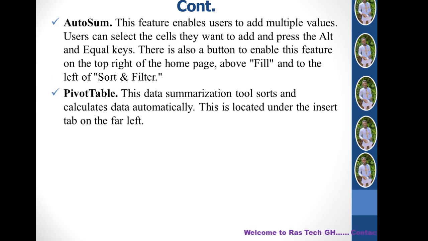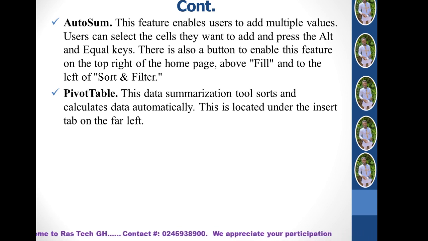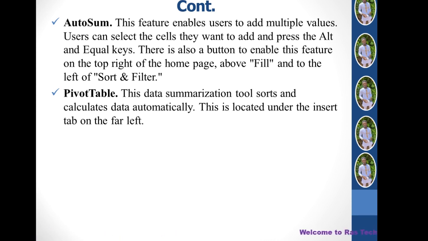Now we also have autosum. This feature enables users to add multiple values. Users can select the cells they want to add and press the Alt and equal keys. There is also a button to enable this feature on the top right of the Home tab, above Fill and to the left of Sort and Filter. So you see the autosum over there. You practice with that. We also have pivot table. This is data summarization to sort and calculate data automatically.